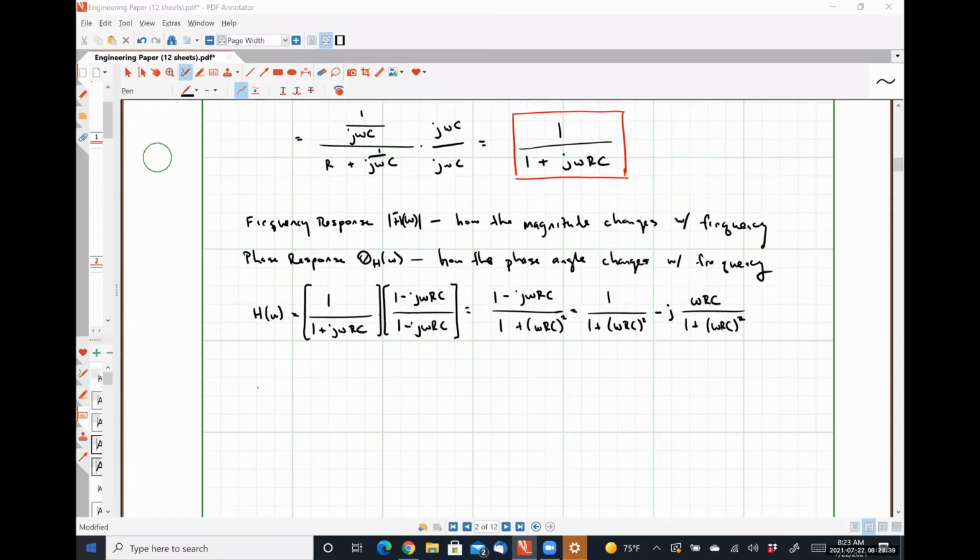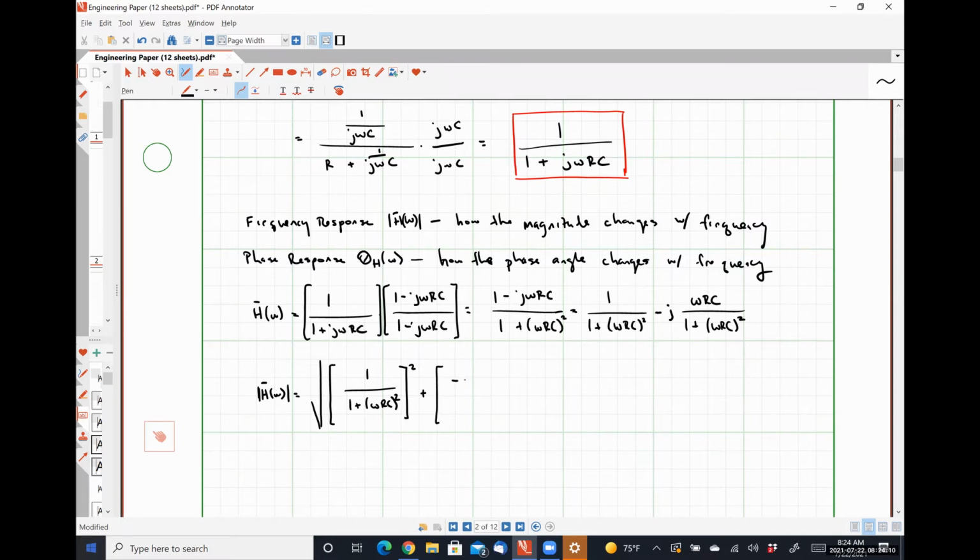So my frequency response, the magnitude of H of omega, is simply going to be the square root of the real part squared. So it's going to be 1 over 1 plus omega RC quantity squared, plus the imaginary part squared.